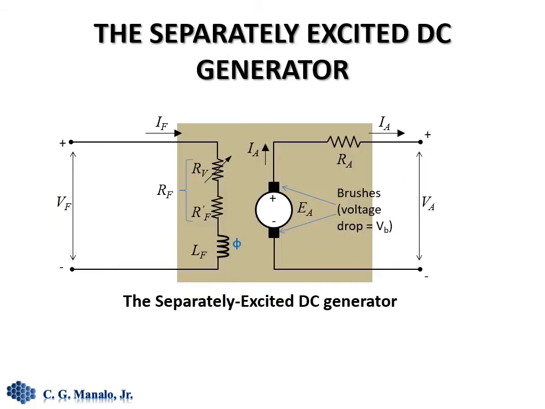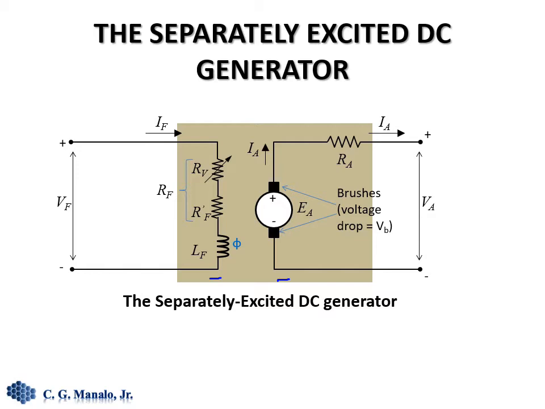So here is the model for a separately excited DC generator. It is called separately excited because the excitation comes from a circuit that is separate from the armature circuit.